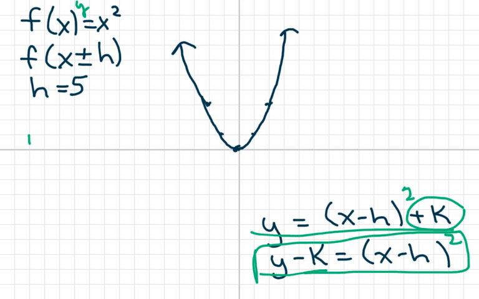Basically, k represents the distance from y, and h represents the distance from x. So if I write this as x minus 5 squared, that means I'm shifting to the right by 5.